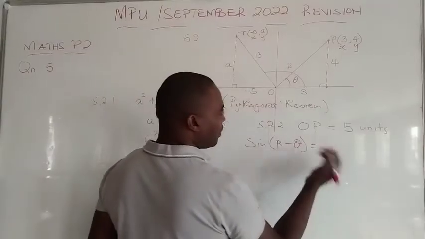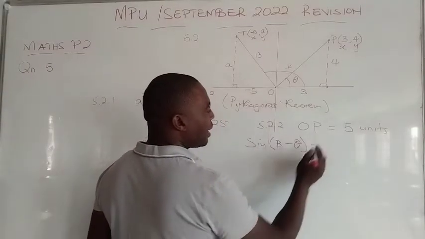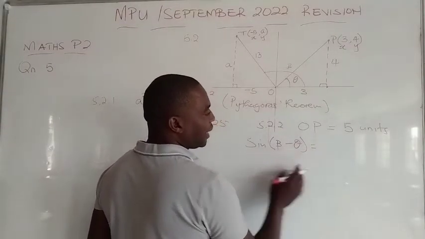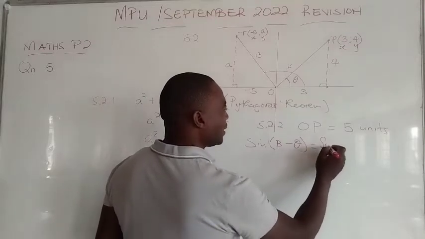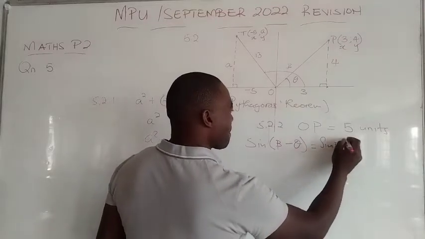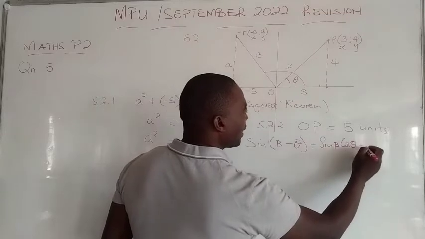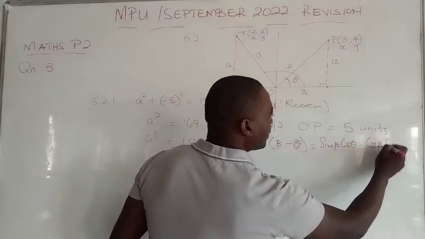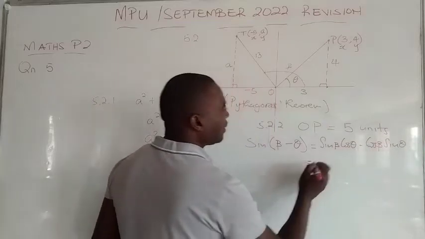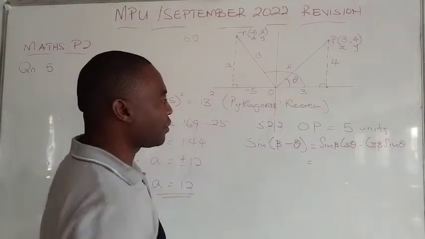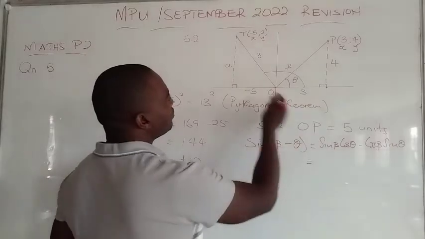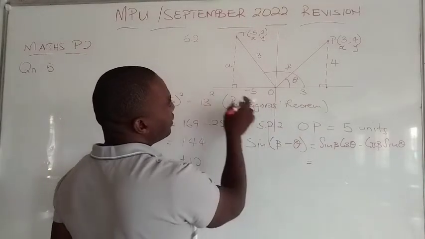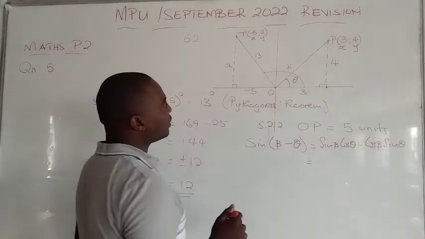So to make things easy, we can expand, because this is a compound angle, that is sine beta cos theta minus cos beta sin theta.